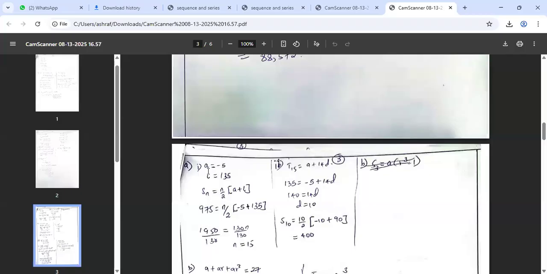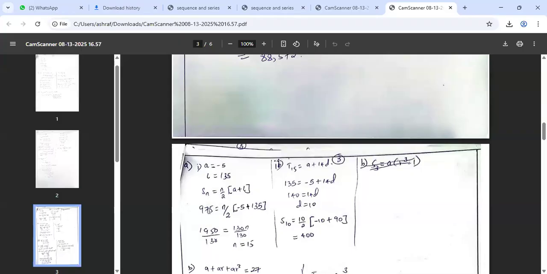So we're given A, that is the first term, is -5. L is the last term, is 135. Then there's a formula we normally use when we have the first and the last term to get the sum of the first n terms. So the formula is Sn is equals to n over 2 into A plus L, where A is the first and L is the last term.